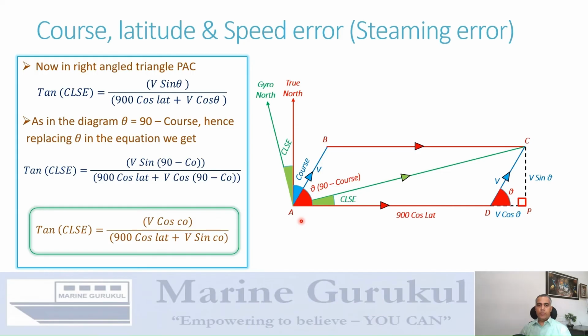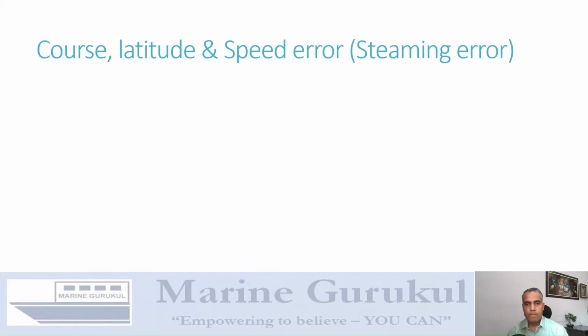We can make a similar diagram showing the course of the ship in whichever quadrant it is, and using the same method, the formula can be derived in all the quadrants. Let me now take you to the final formula which can be used in any of the quadrants.